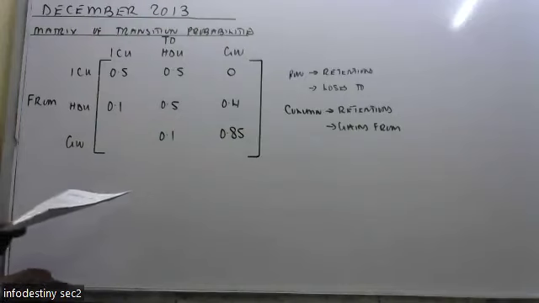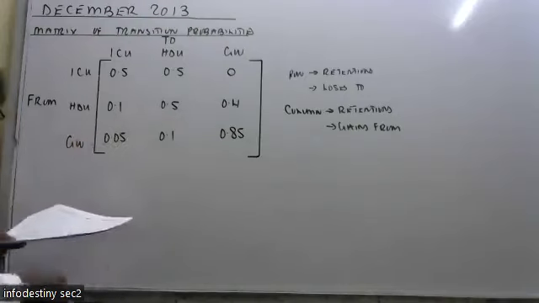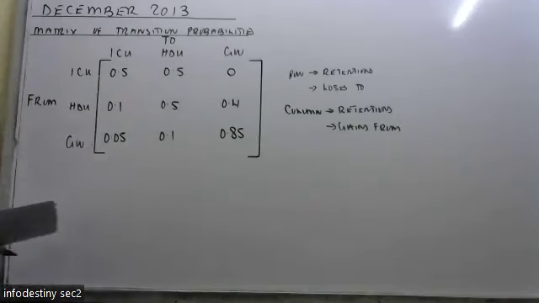And 5% will go to ICU, 0.05. That is the matrix of transition probabilities.